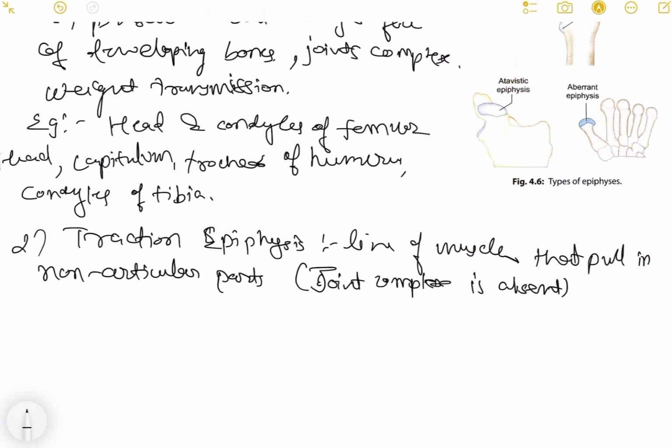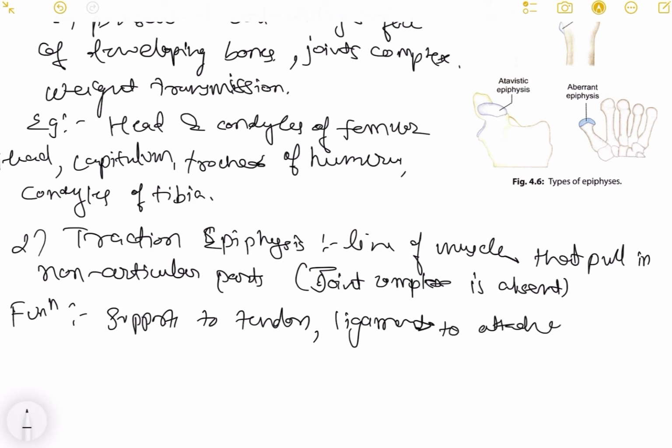Role of weight transmission is not there in traction epiphysis. What is the function of traction epiphysis? It gives support to tendons and ligaments to attach on bones. So in the traction epiphysis, it gives support to tendon, ligament, as it does not form any joint.